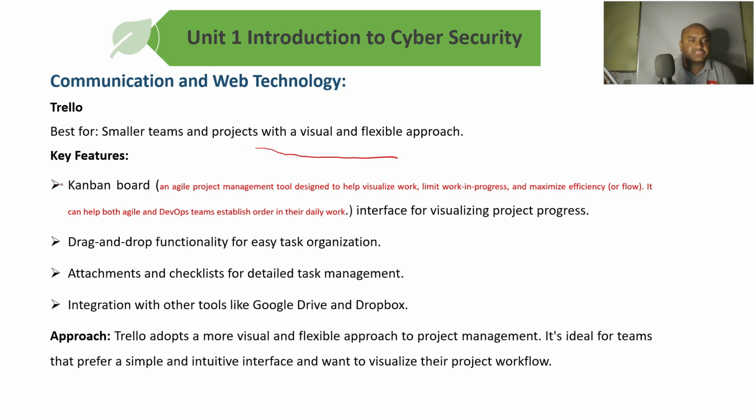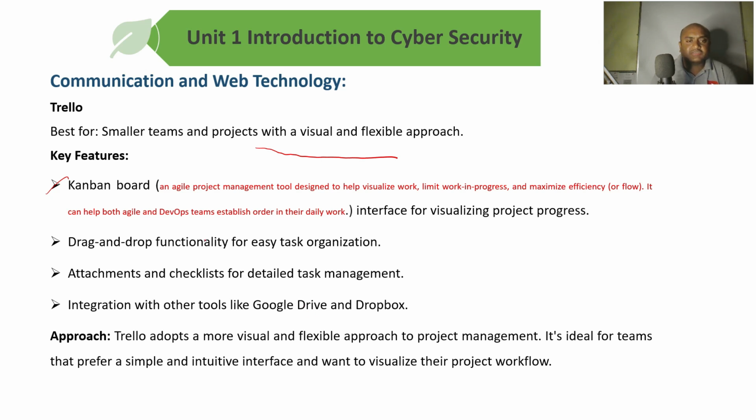What are the key features? One is a Kanban board interface for visualizing project progress. For visualizing project progress, we will depend upon the Kanban board. If I pronounce it wrongly, I'm sorry. What do we mean by a Kanban board?